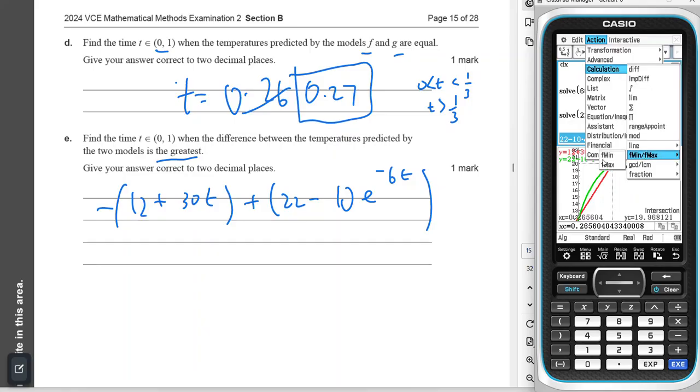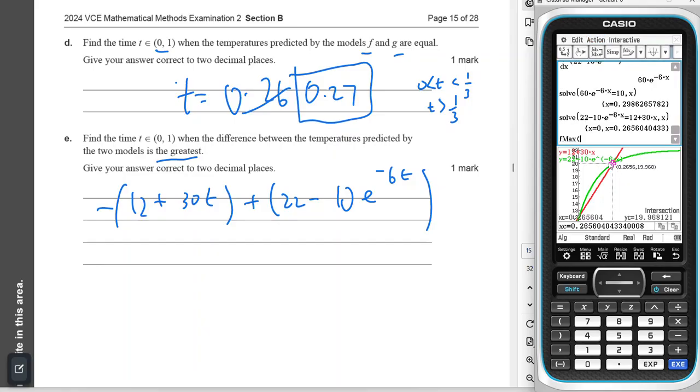Calculation, F max of this, where I've got minus that and minus 30x, and I'm going to do an F max of that, comma for x between 0, 1, close bracket.